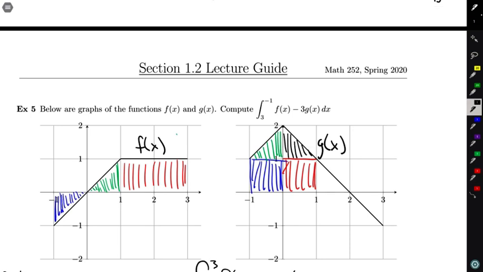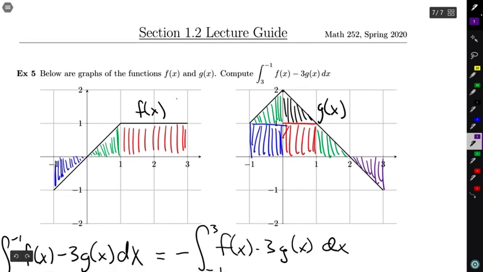We have two more pieces here. We're going to have a couple more triangles. I guess we have to reuse some colors here. We're going to use green and purple. A couple more triangles. All right, so to actually do these integrals, we're going to want to compute some areas.